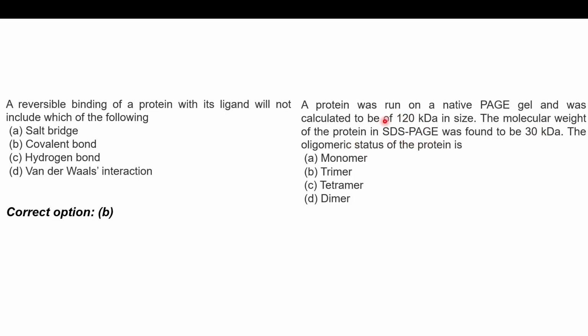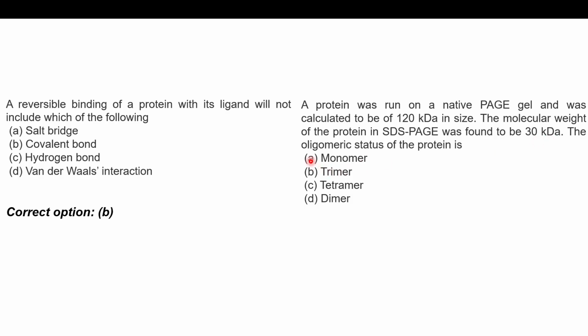So that means in the native state, the non-covalent interactions are actually broken, and hence it finally gives off this monomeric form which is 30 kDa.